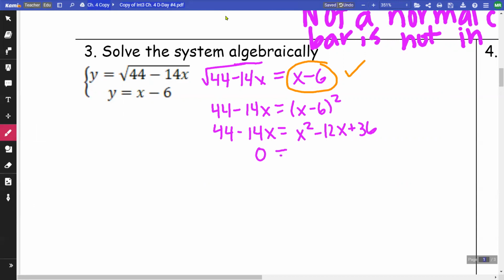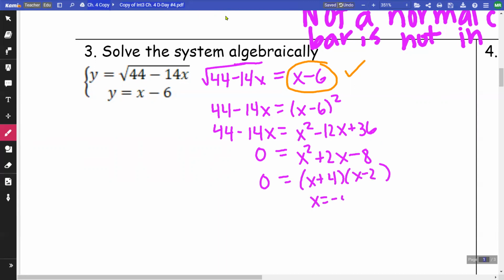Then I'm going to get everything on one side, 0 on the other side. So I'm going to add 14x, which is going to give me a 2x. I am going to minus 44, which is going to get me a negative 8. So now I want to see what multiplies to a negative 8 and adds to a 2. So that's going to be a positive 4 and a negative 2.